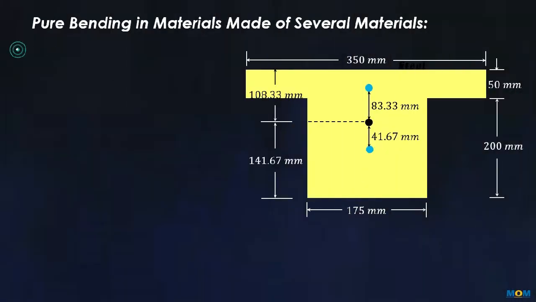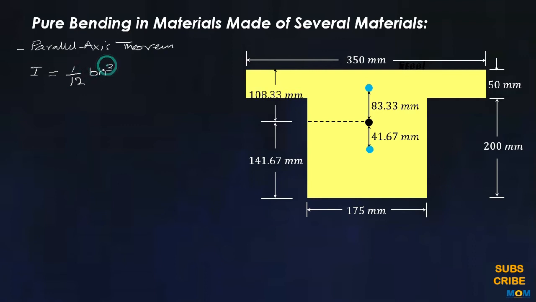Now using the parallel axis theorem, we will calculate the inertia about the neutral axis, that is I is equal to 1 over 12 BH cube plus area of the rectangle times D square, the distance from the centroid to the individual rectangle.